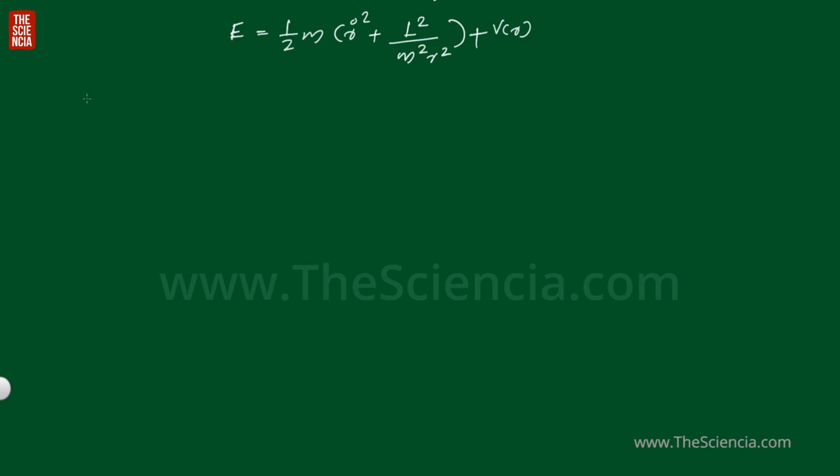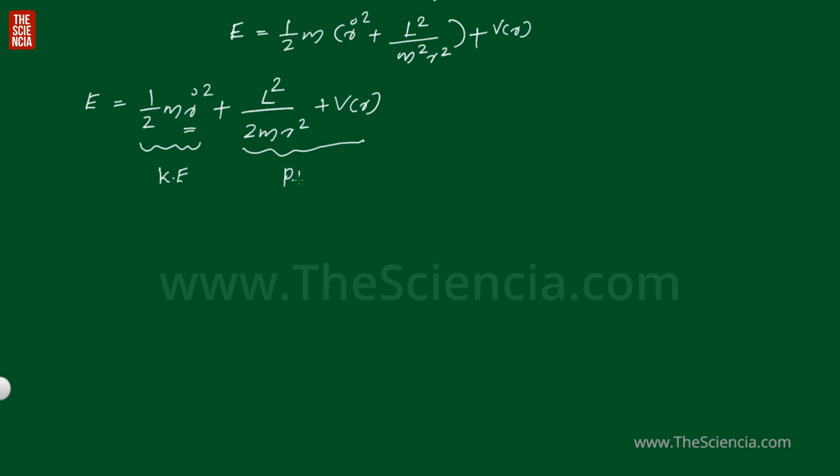Now I am expanding this equation, so I get E equal to 1/2 m ṙ² + L²/(2 m r²) + V(r). So here you can see there is a velocity term, so this is definitely kinetic energy. And here there is no velocity term, so this energy will be potential energy. And I already told you V(r) is the actual potential energy. So this entire term is the effective potential energy.